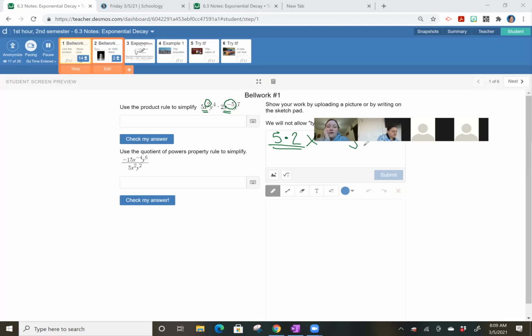And then here the y, same idea. We have the 4 and the 7. So we're going to add those two. So then we get 10 x to the -3 and then y to the 11th. So what's the only thing we have to move?